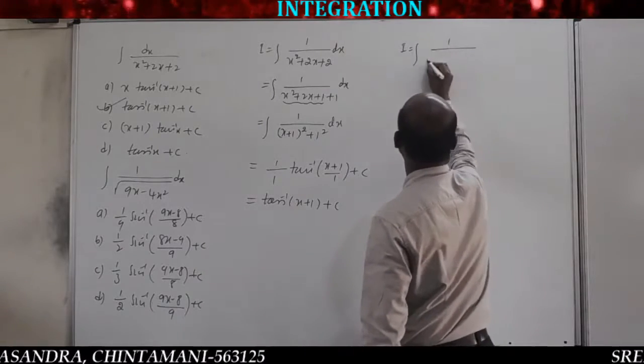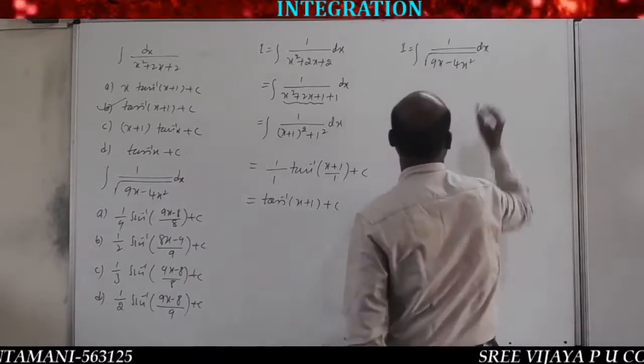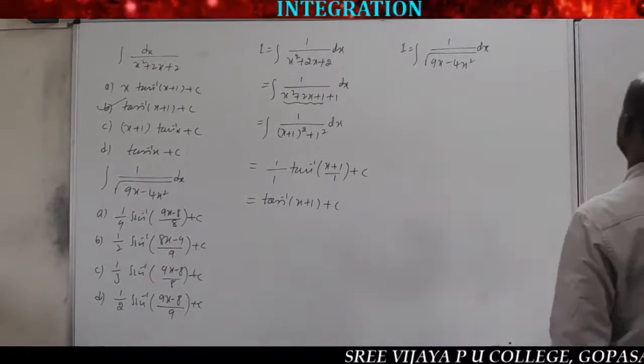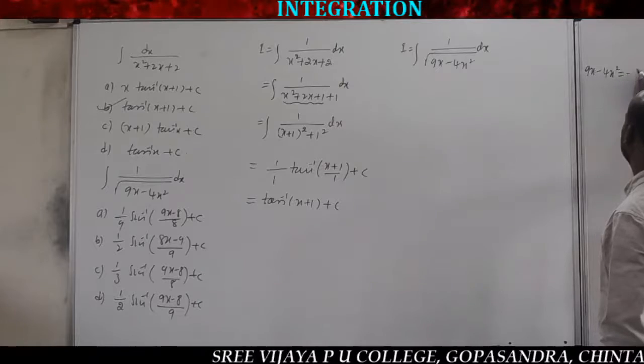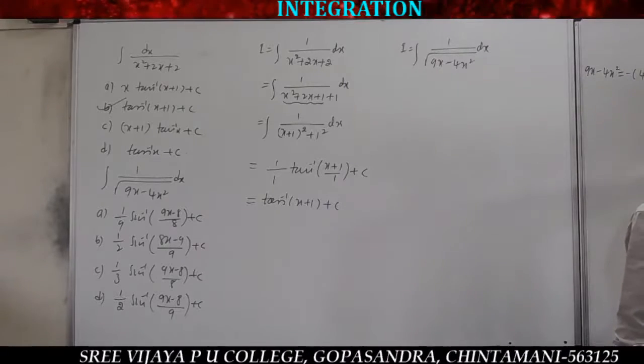Integral of 1 upon square root of 9x minus 4x square. So let us consider 9x minus 4x square as minus of 4x square minus 9x.